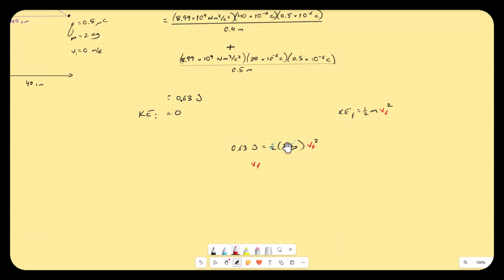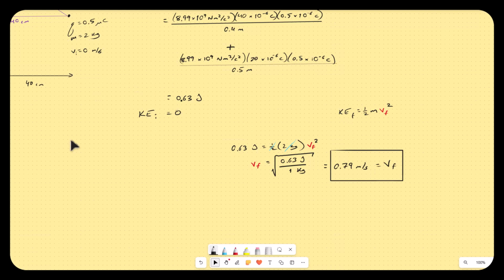So my V final is going to be 0.63 joules over 1 kilogram, all under a square root. And that works out to be about 0.79 meters per second for my final speed.